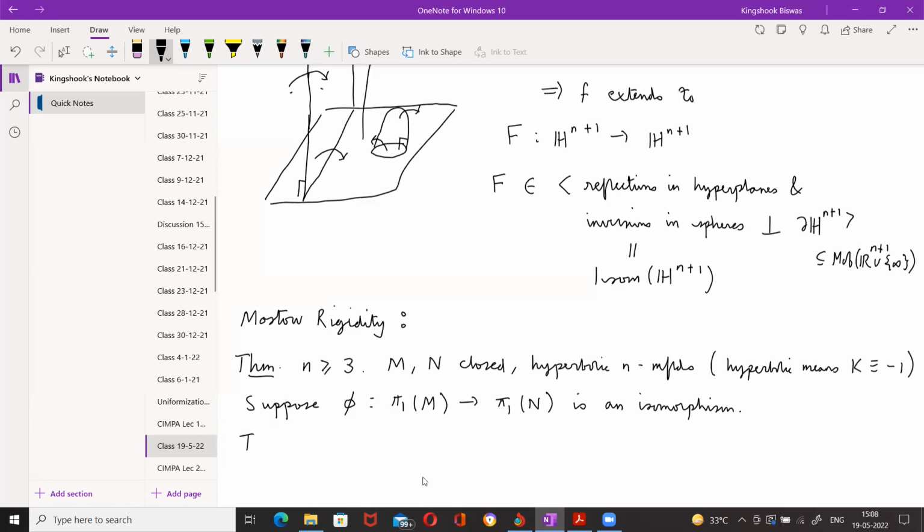Then in fact, there exists an isometry, let me call it F bar, from M to N such that phi is equal to the map on fundamental groups induced by this isometry, F bar star. Okay. Is the statement clear?